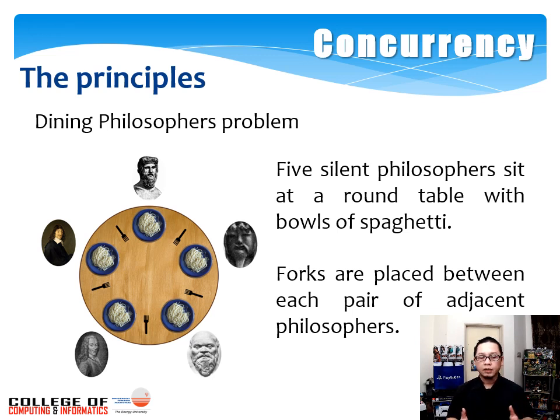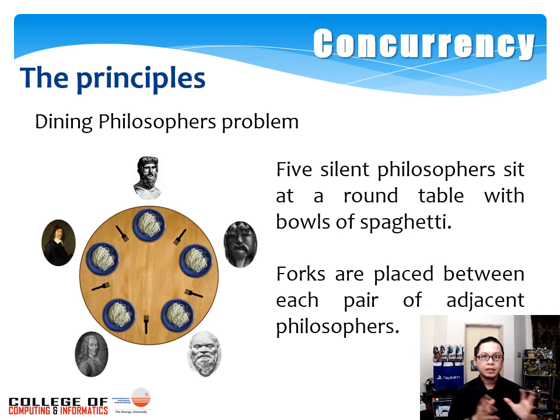Alright, so remember, the spaghetti is the instruction they need to finish. The philosopher signifies the process, and the forks represent the use of resources. So the problem here is we need to find a way for them to communicate or signal to one another, so that after one person finishes using the fork, they can give the fork to another philosopher who needs it.